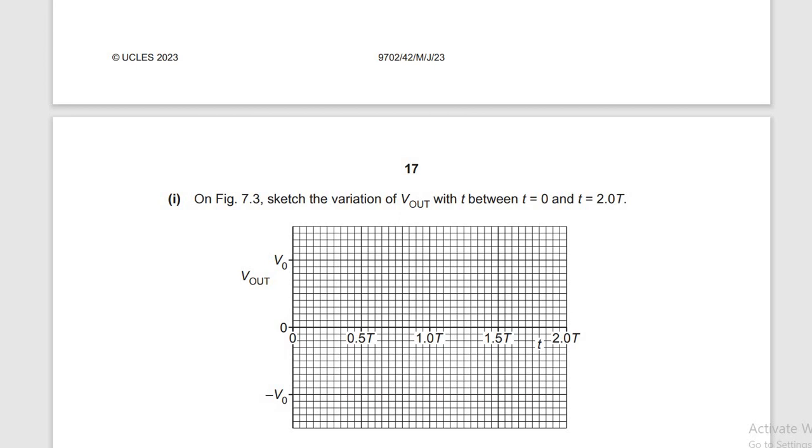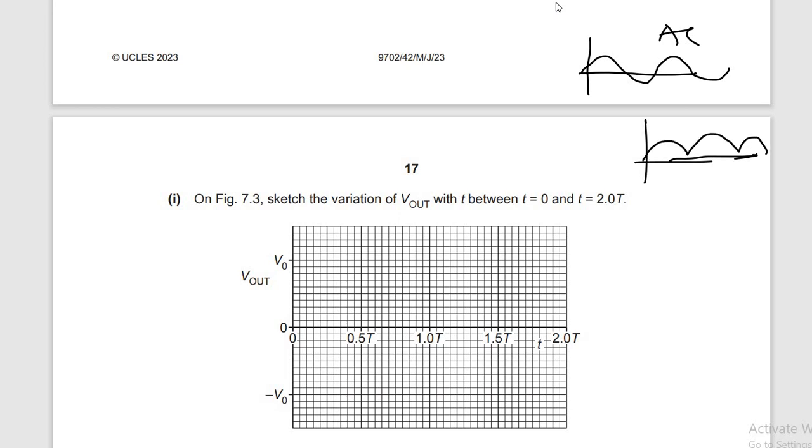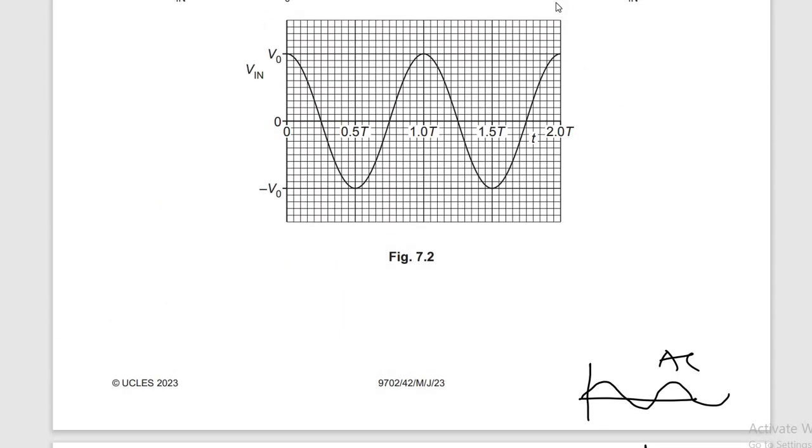Now the essence of rectification is to convert AC to DC, and it's always like this. If AC is like this, DC would be like this, in one direction. Now the voltage in here, look at it.